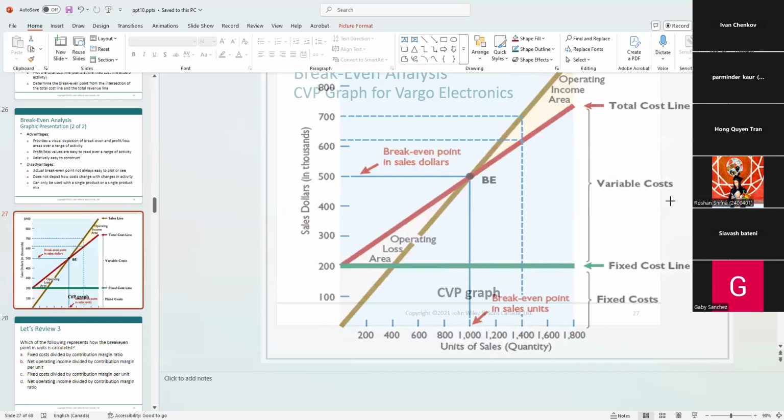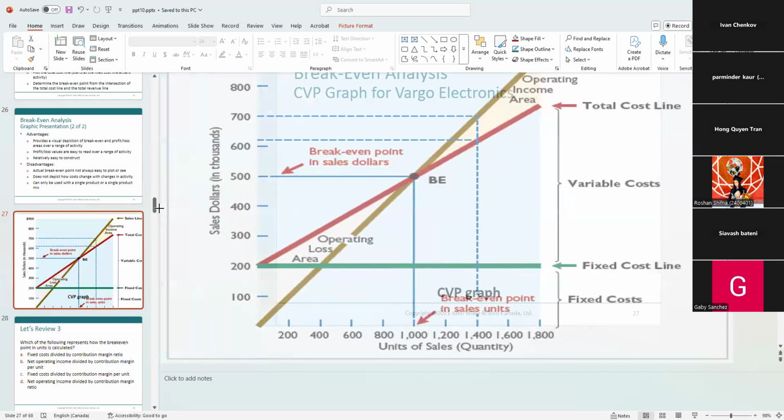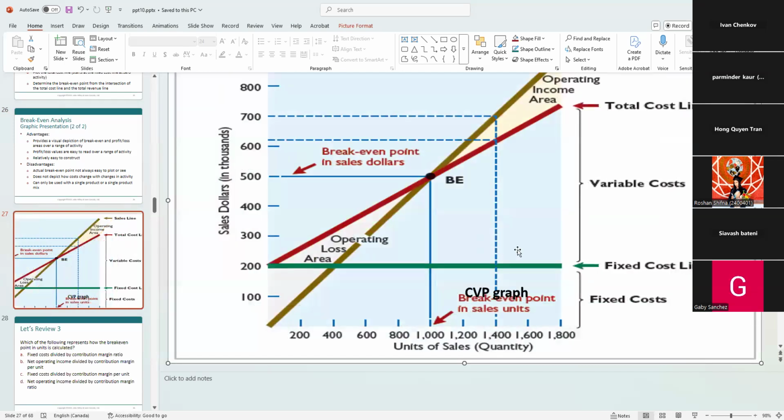So this is technically the graph of the cost volume profit analysis. Now I like it. What we can see here is first this fixed cost. The interesting part is even if we haven't started our sales, we already have the fixed cost.